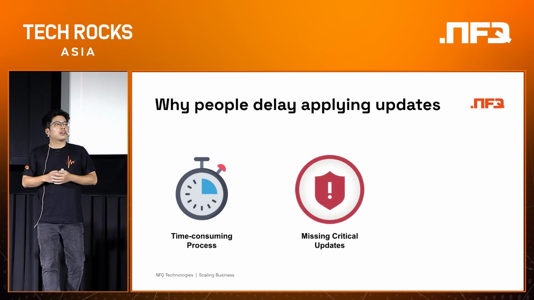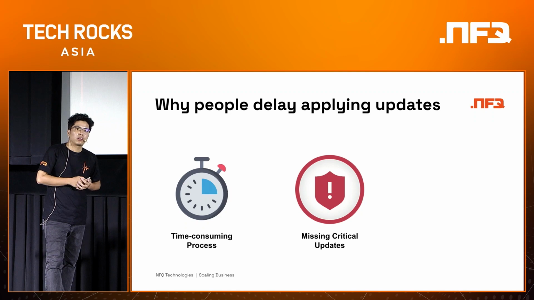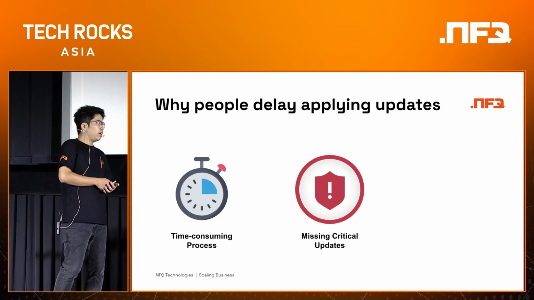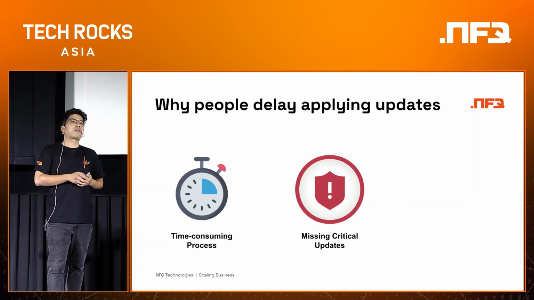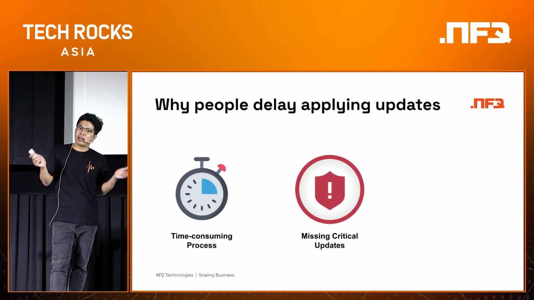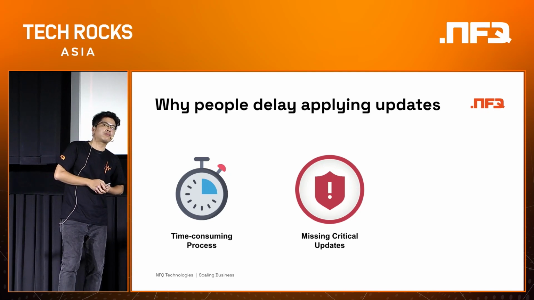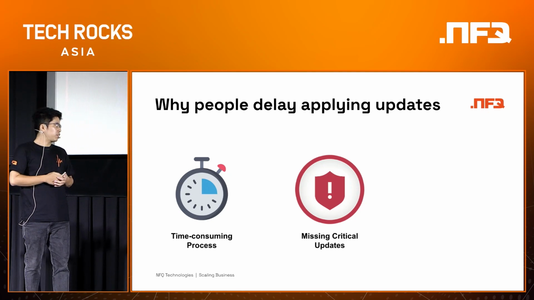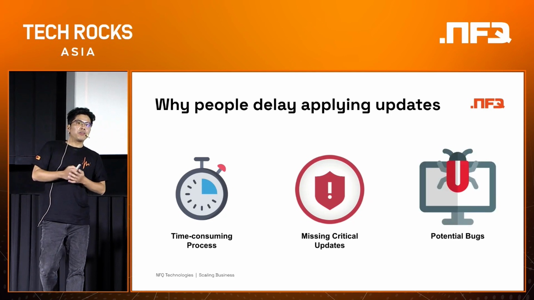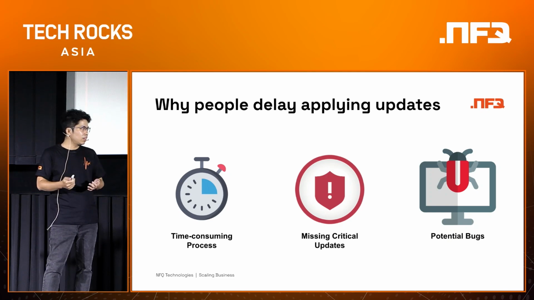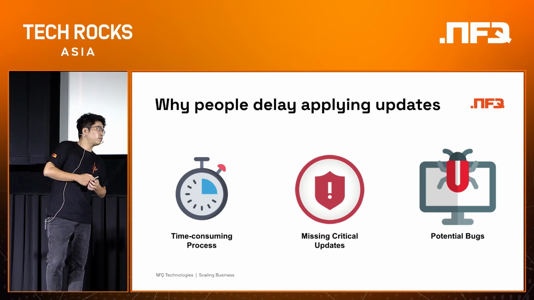And you can also miss critical updates because, as I mentioned before, open source releases updates regularly, and it's very easy to miss critical updates because of the manual process. You need to check manually, and sometimes you just make mistakes and leave your projects exposed to vulnerabilities. And last, it lets human errors into the process, because you can easily introduce bugs into the production environment.